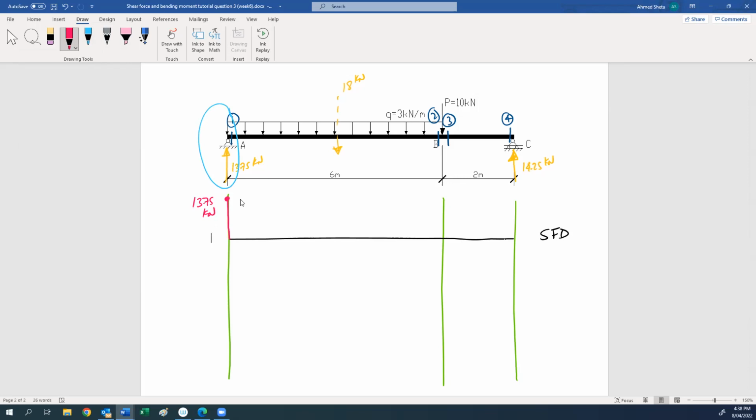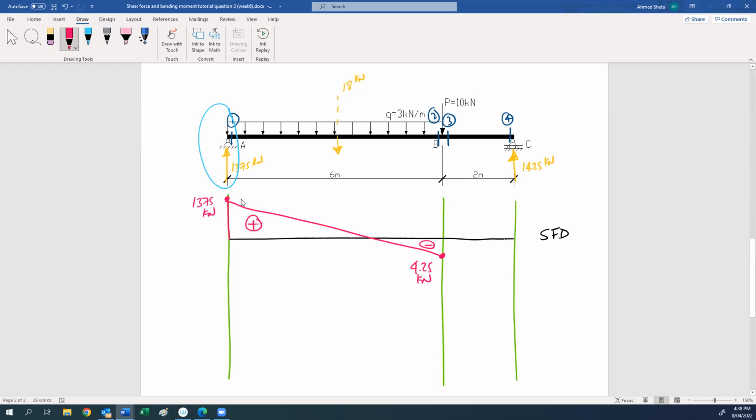From section 1 to 2, we go down 18, so 13.75 minus 18, and we reach 4.25. So here we will go to 4.25 below datum, because it will be negative, and we connect them together with a straight line. This part of the shear diagram will be positive because it's above datum. This part is negative because it is below datum.